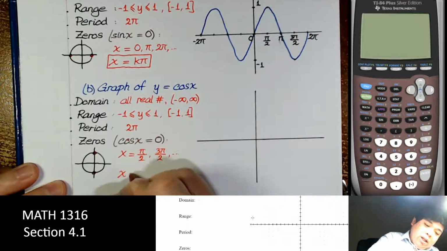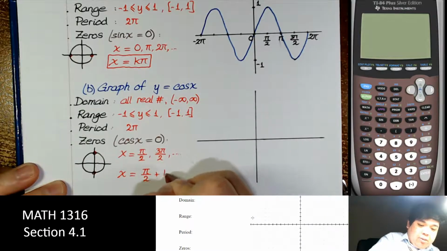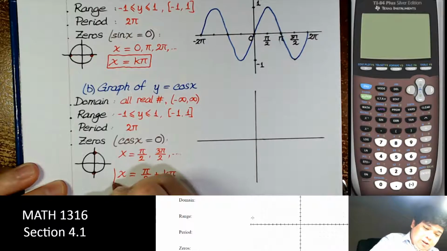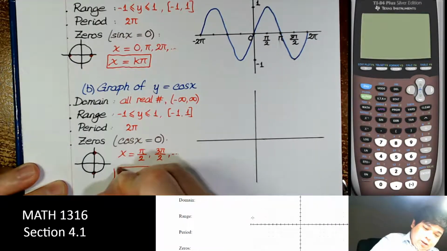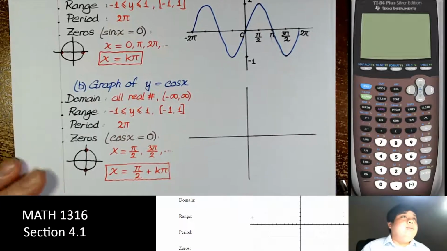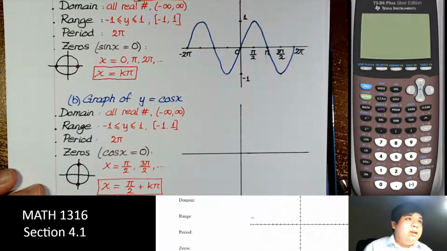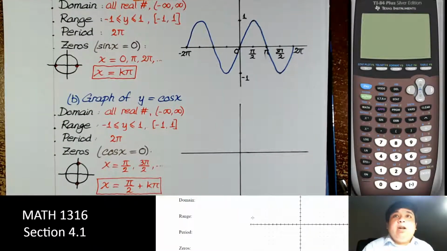In general, we can say just pi over 2 plus k pi. In terms of graph though, it will be like that.